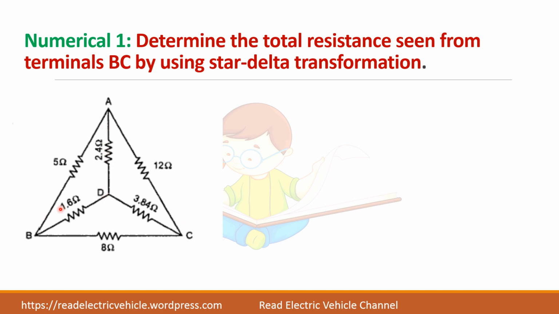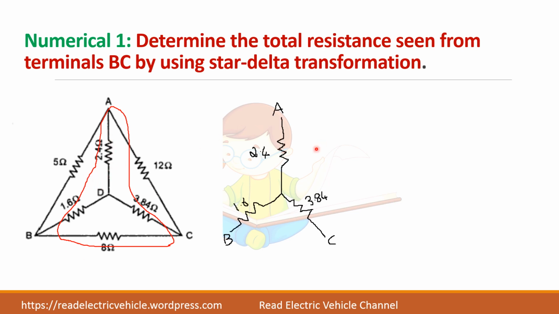Here a star network is inside, and outside you have a delta network, and you want to find the equivalent resistance across BC. If you get this type of problem, always choose the central star network and convert it into a delta network. Your calculation will be very easy.